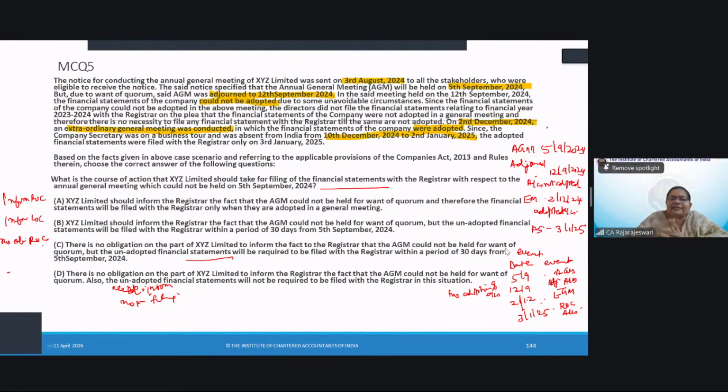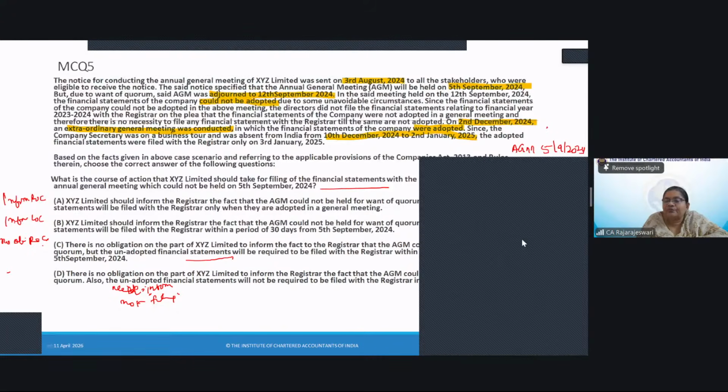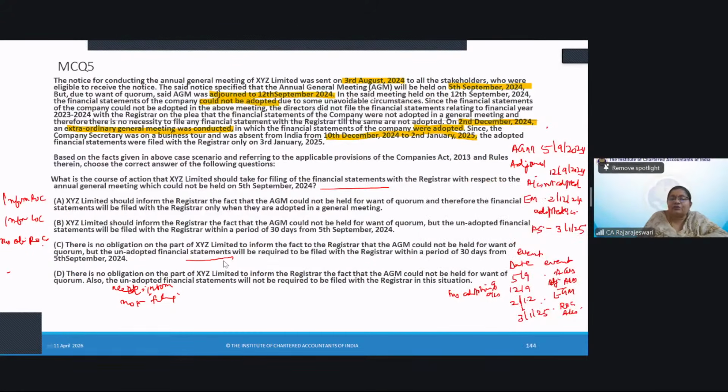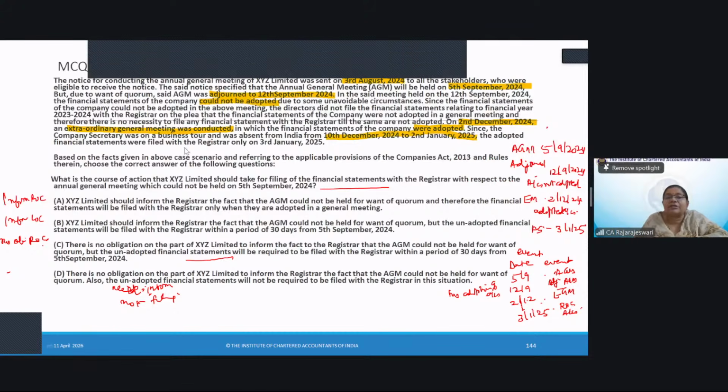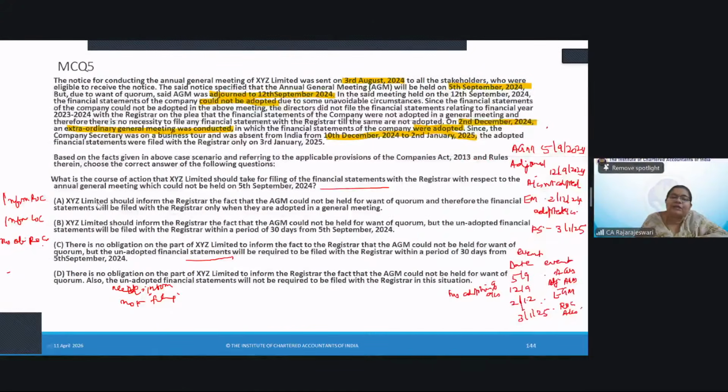Anywhere have we read that we should inform the registrar? But accounts have to be filed. That you cannot delay, because it is ordinary business, routine business. It comes as routine business. See, if you take A or B, you have to inform the registrar, but that is not a requirement. You need not inform the registrar. Why should you inform the registrar?